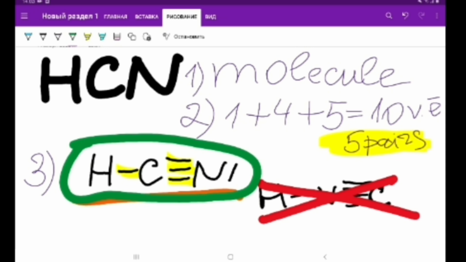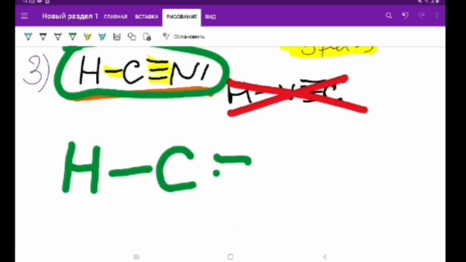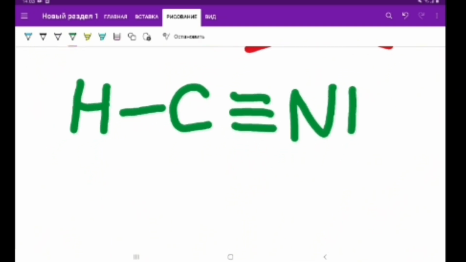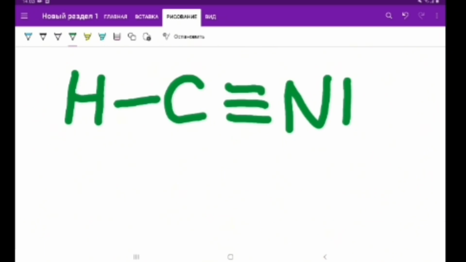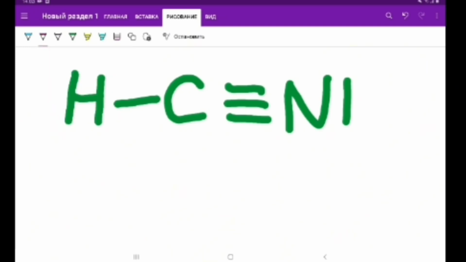So let's draw it again. H, C, N, and 1 pair on nitrogen. Good. Let's check their formal charges. Do you remember how we calculate the formal charge? Let's remember together. Formal charge for hydrogen is the number of valence electrons.